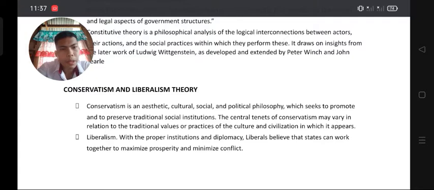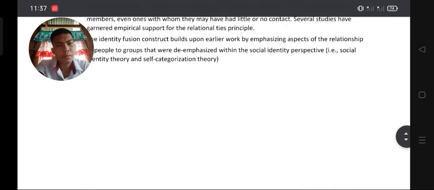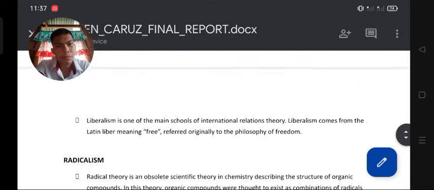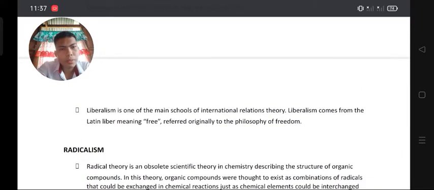Liberalism: with proper institutions and diplomacy, liberals believe that states can work together to maximize prosperity and minimize conflict. Liberalism is one of the main schools of international relations theory. Liberalism comes from the Latin liber, meaning free, and referred originally to a philosophy of freedom.